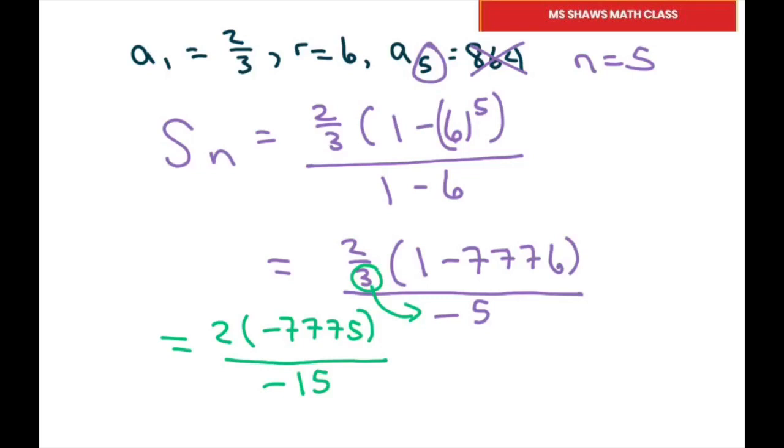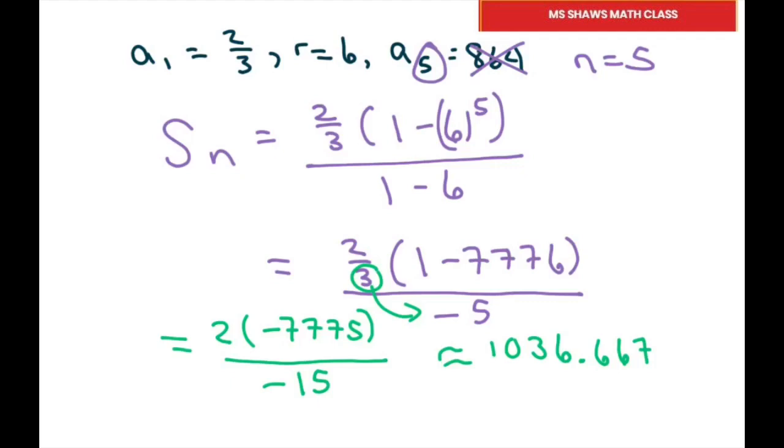So you put all that in the calculator, 7775 divided by negative 15, and that gives you approximately 1036.6667, which is a third, but so I'll just do that.